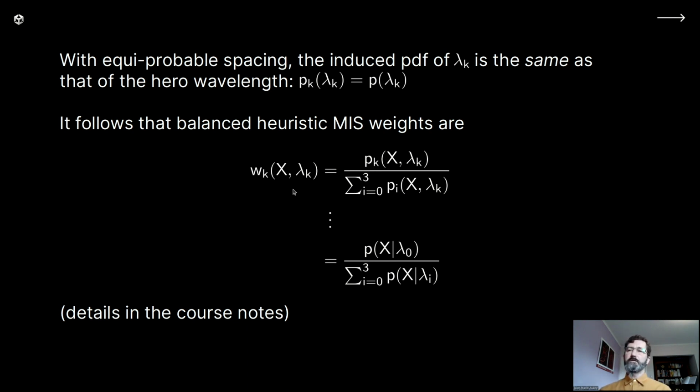Okay, so we have 1 Hero wavelength and 3 others, which form the lambda k, and each of those gives us a contribution to the luminance. And we average them using those weights. And this is the classical formula for the balance heuristic MIS weights.